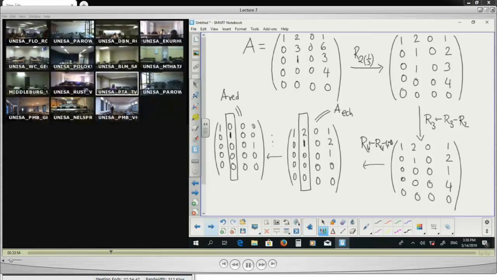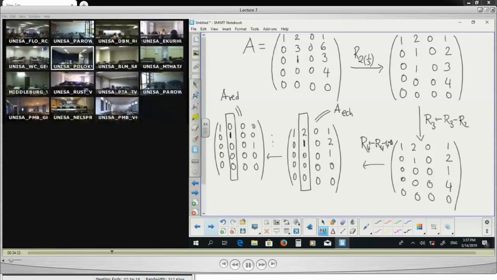So in echelon, we don't demand things above the leading entry to be 0. We only demand things below the leading entry to be 0. In row reduced, I need things above and below to be 0.